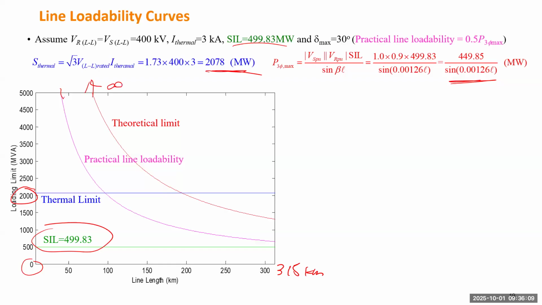But when you have a length of 315, this will give you the value we calculated from that example, which is slightly higher than 1,000 megawatts. For the practical limit, because we assume 30 degrees, sine 30 degrees gives half of the theoretical limit, so the practical limit curve is always half of the value of the theoretical curve.